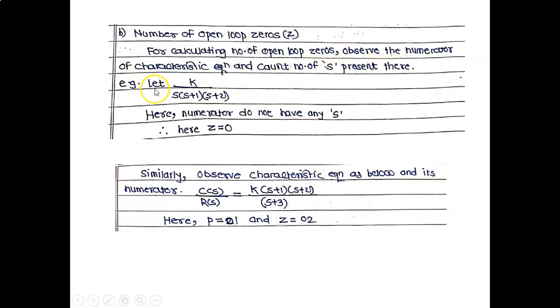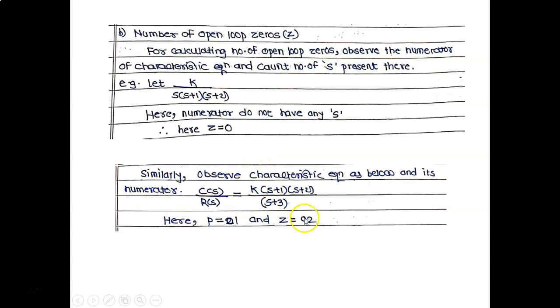For example, let G(S) H(S) be equal to K divided by S into (S plus 1) into (S plus 2). In the numerator, no S term is available. Therefore, we can say that here the number of zeros Z is equal to 0.